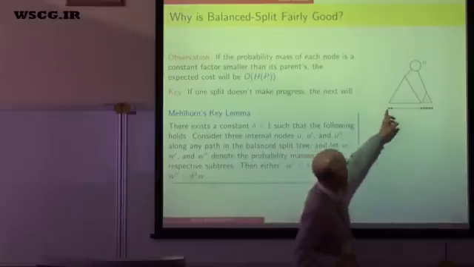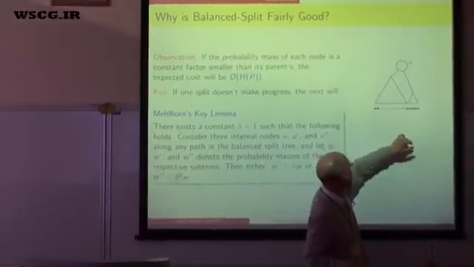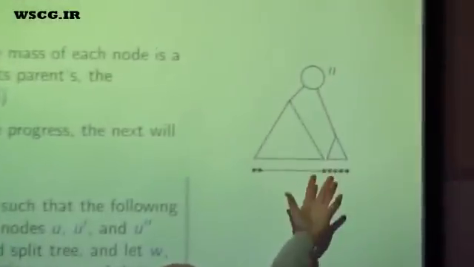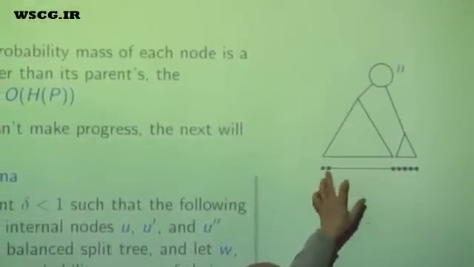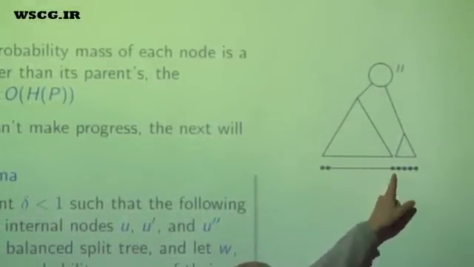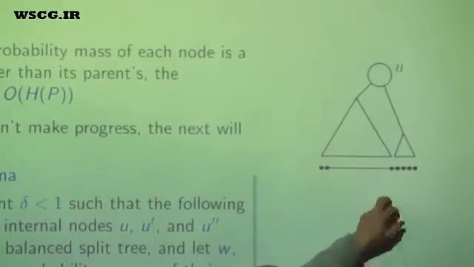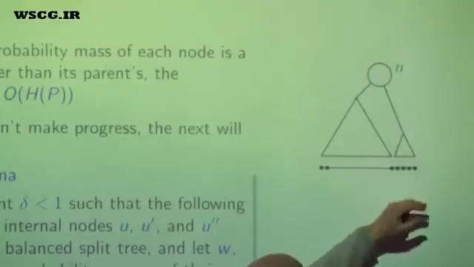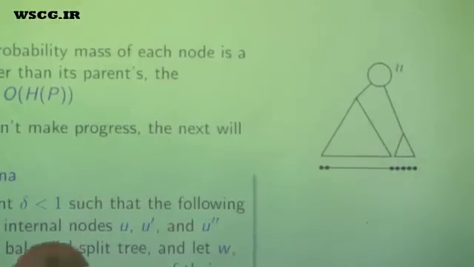I may have a situation like this where I've got one interval with a very, very large probability mass, and now it is not going to be possible to produce a balanced split, right? I'm weighting these not by the actual values, but imagine the size is proportional to the actual probability itself. So here, any split you perform is going to be unbalanced, which means that over here I'm not going to make very much progress.